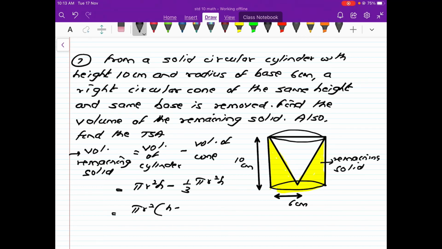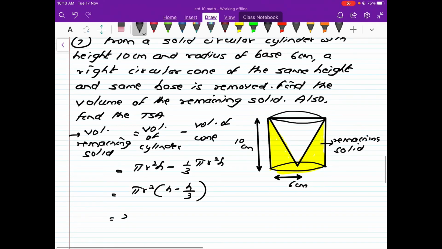Pi r square is common, h minus h/3. So this is 22/7 into the radius is given as 6 into 6 into the height is given as 10 minus 10/3.